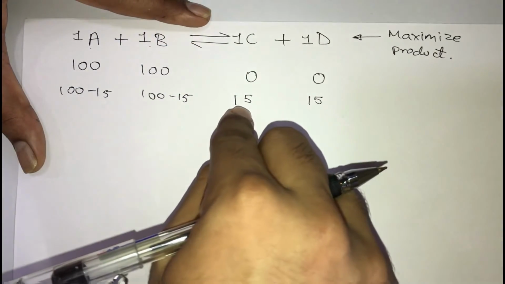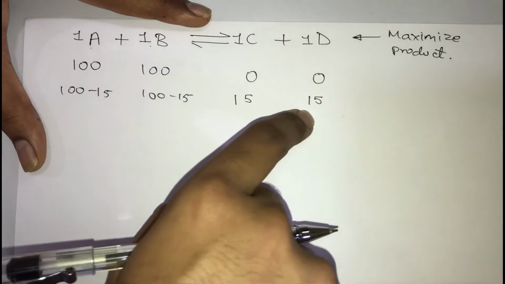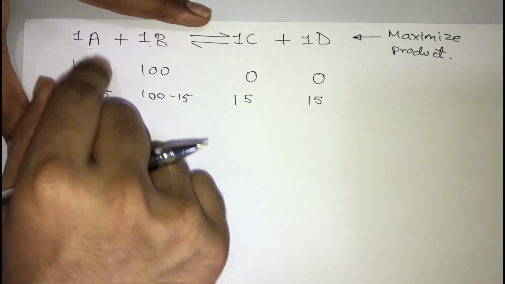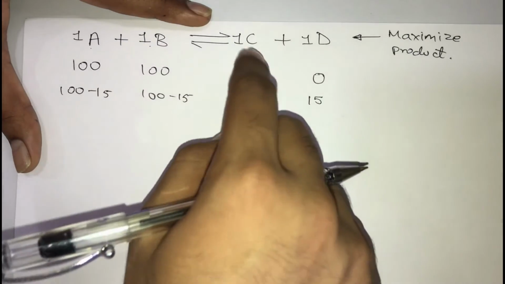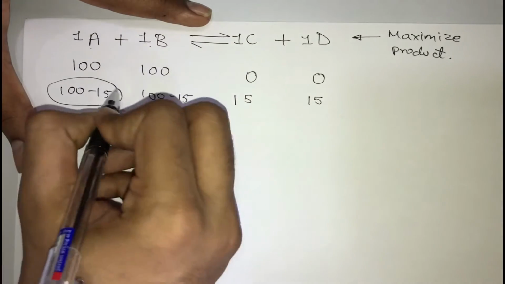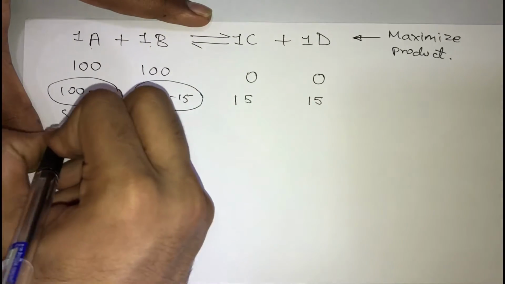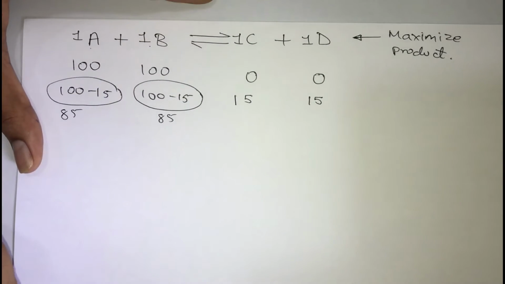If you have produced 15 moles of C and 15 moles of D, then it is obvious that 15 moles of A would have reacted with 15 moles of B to give us 15 moles of C and D respectively. So guys, now can I say that we now have 85 moles of A remaining and 85 moles of B remaining.